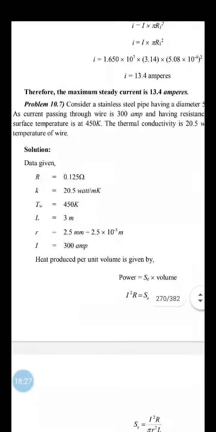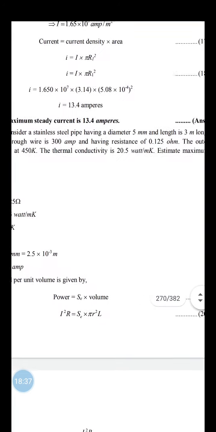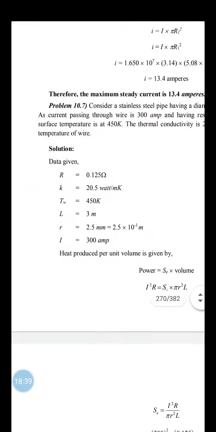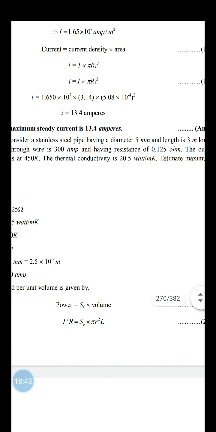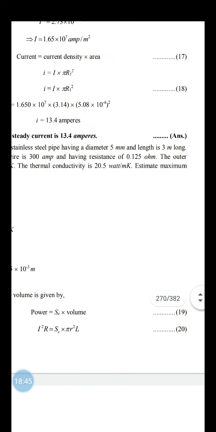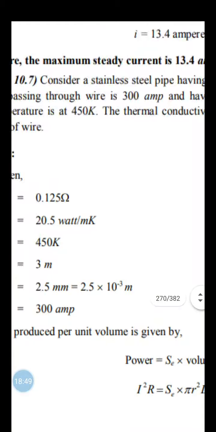Now finally we'll discuss this problem and we'll stop here. Consider a stainless steel wire having a diameter of 5 mm and length 3 meters. The current passing through the wire is 300 ampere and it has a resistance of 0.125 ohm, the outer surface temperature is 450 Kelvin.